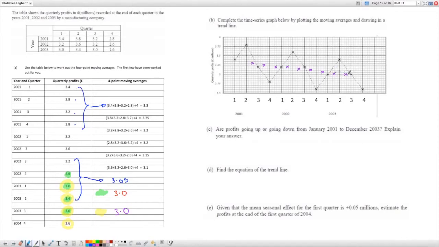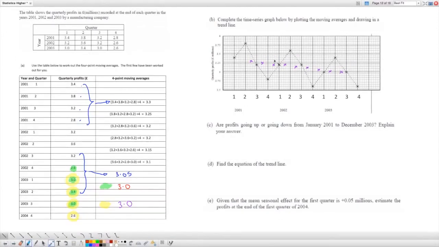Then we're asked to draw in a trend line. So using this, we're going to draw a line of best fit through our moving averages. So here we're going to be looking at approximately through there.